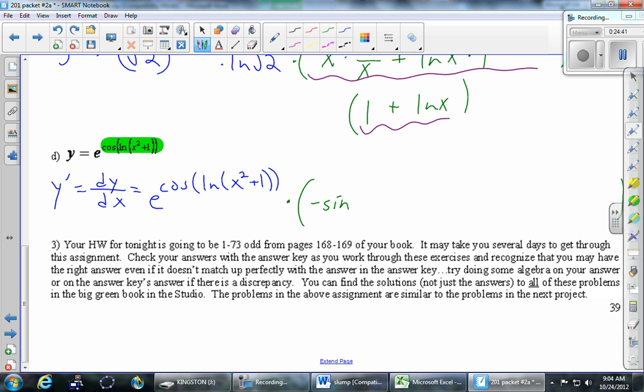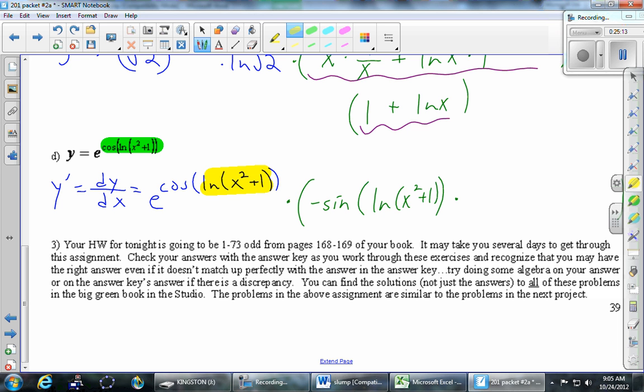Be careful with those negatives. So negative sine of the stuff, times, and then we've got to do the derivative of the new stuff, which is this part. Okay, this is ln of x squared plus 1. I need the derivative of that. That's ln of some stuff, another chain rule, the last chain rule.